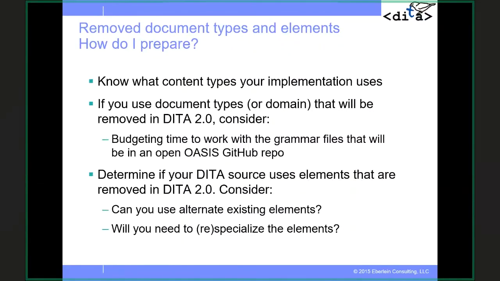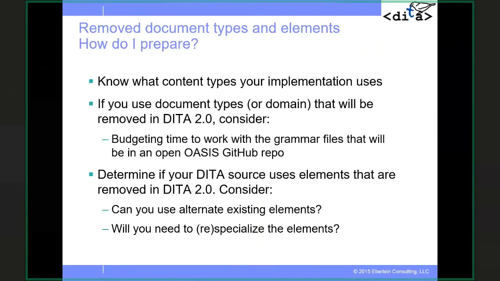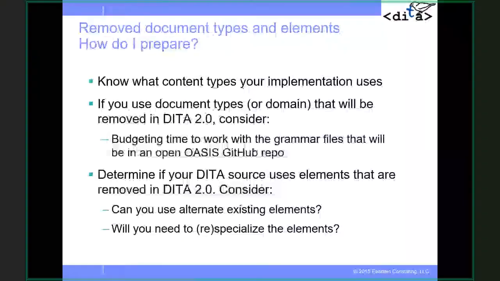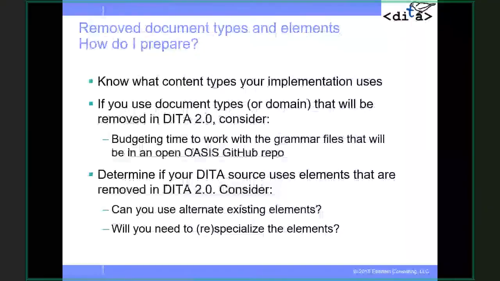And if you are using document types that are being removed from DITA 2.0, make sure you budget some time to be able to work with those when you move to DITA 2.0. You'll need to get those specializations from GitHub. You'll need to build your own company-specific document type shells if you don't currently have them. And all doable things, just a little bit more work, and budget time for it.